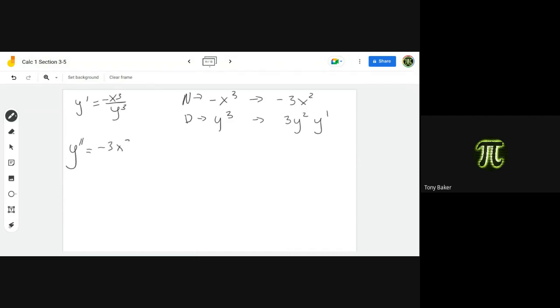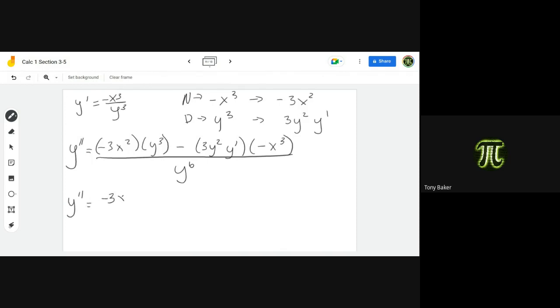So it's negative 3x squared times y to the third, minus 3y squared y prime times negative x to the third, over the bottom squared. So I have negative 3x squared y to the third plus 3x to the third y squared y prime over y to the sixth.